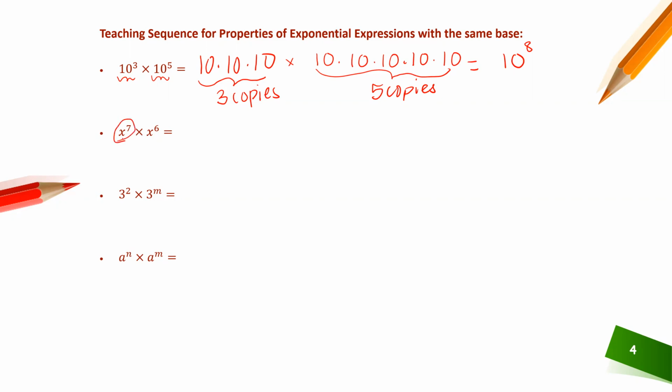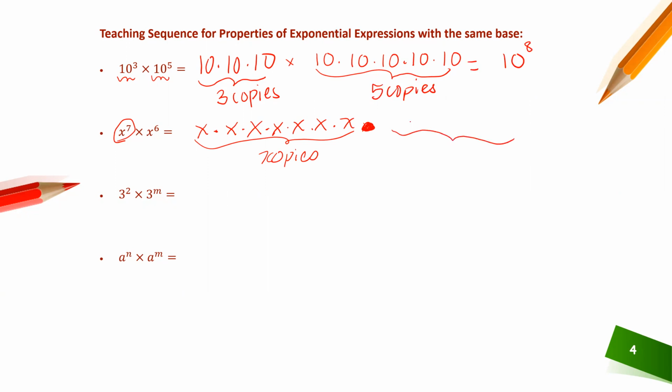So x to the 7 is how many copies? 7 copies, so 1, 2, 3, 4, 5, 6, 7. And there you go, 7 copies of x multiplied by, and I'm going to use this dot right here so I don't confuse my multiplication with my x's.